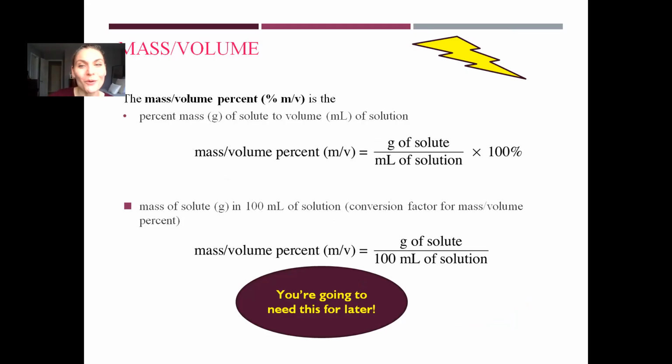That way we can total this up to be that 100% piece. But most of the time they're going to give you the grams and the milliliters. In case they don't, we can always assume that we have the mass of our solute in grams in a 100 milliliter solution, so the solute plus the solvent.